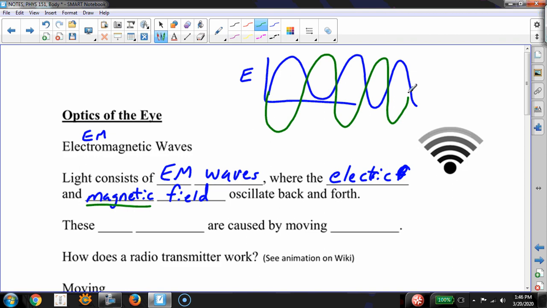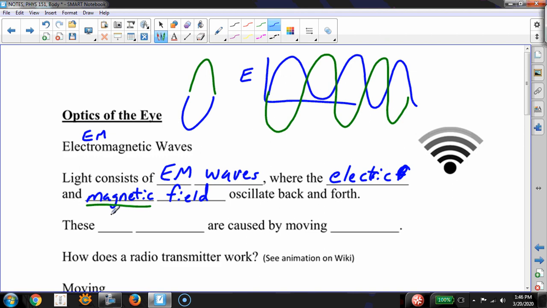I draw it in 2 dimensions here, but it actually exists in 3 dimensions, where the electric field is in one plane and the magnetic field is in another plane, so they're 90 degrees to one another. Anyway, you just need to know that light consists of these oscillating electric and magnetic fields.